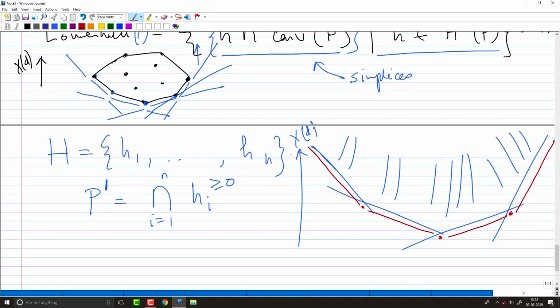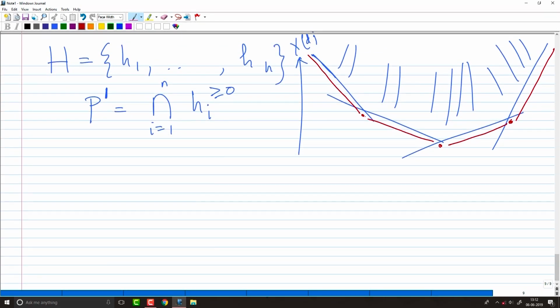One thing about this polyhedron, can this polyhedron be bounded? From the top side it will be unbounded, right? Because as I said, as x_d takes larger and larger values, all the equations will start being satisfied. Basically x_d equal to infinity is contained inside this polyhedron. Okay.